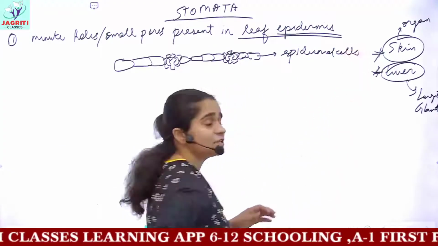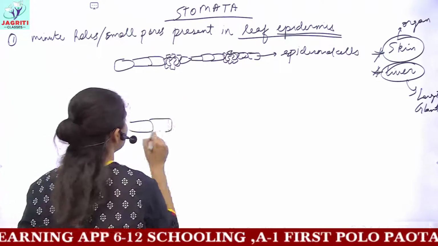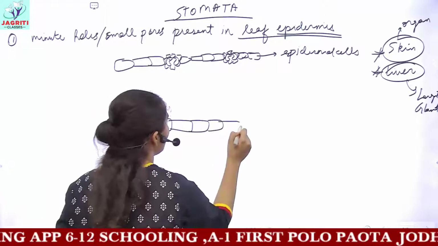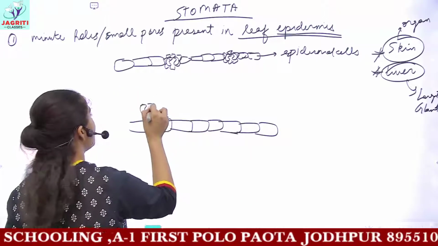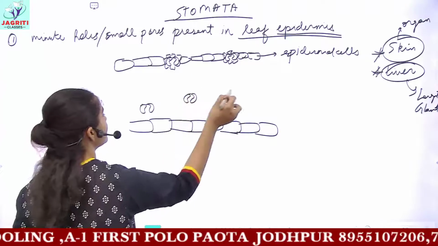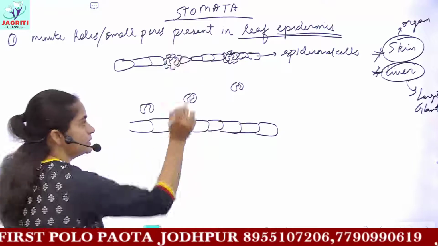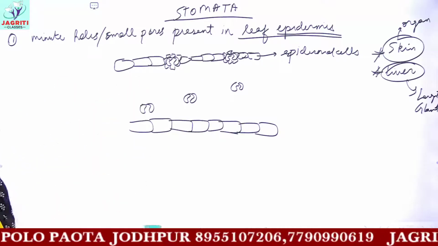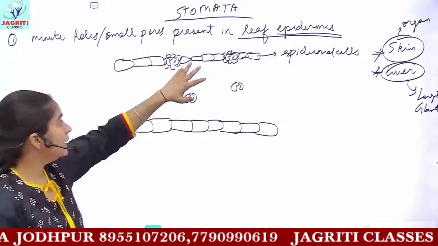And a diagram is even made in your books. That is, upper epidermis is made. Then here, at the downside, you have a lower epidermis. And between upper and lower epidermis, you have many kidney-shaped cells, that is your stomata. And other, you have some vacant spaces. So this is a rough sketch of the location of stomata in your leaf.